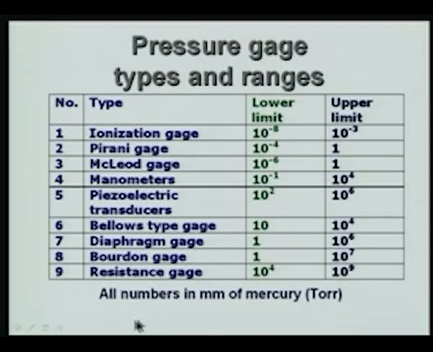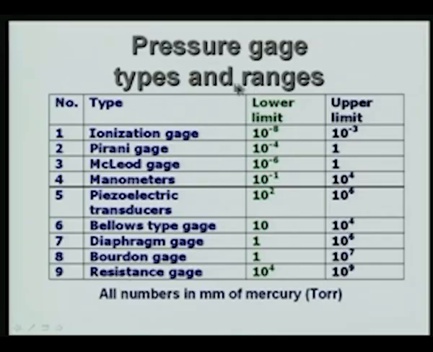And Torricelli actually designed the first barometer, and therefore, the unit of pressure is appropriately named after him. The 1 torr is actually 1 millimeter of mercury, and it can be given in terms of the other units also, which we will do as and when we come across them.